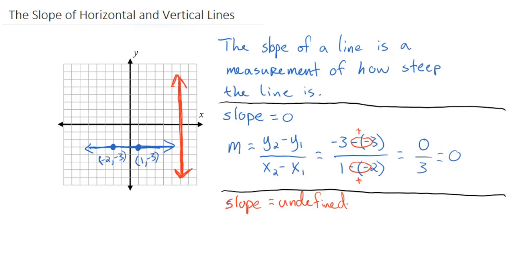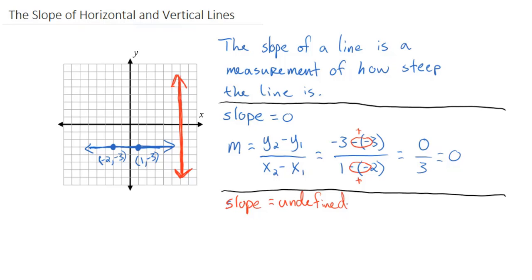The other thing is the words undefined and no solution in math often get interchanged, and those are very, very different things. Basically, undefined in math means that we've arrived at a situation that we cannot mathematically define. It's not going to work with the numbers. It doesn't mean it doesn't exist. It just means it's a situation where I can't assign a numeric value.